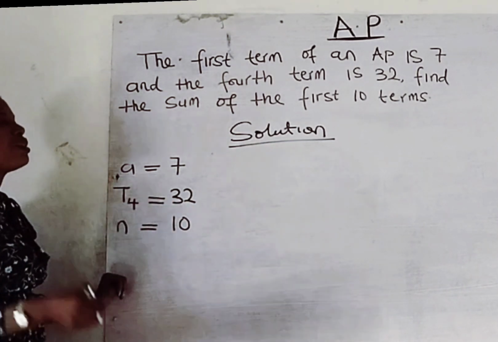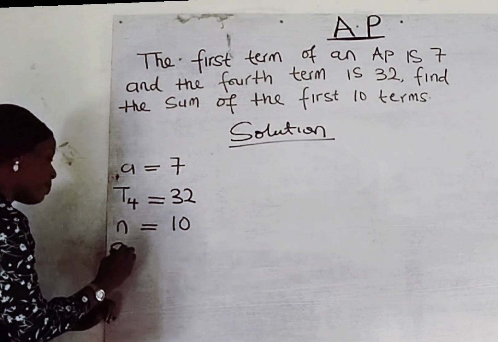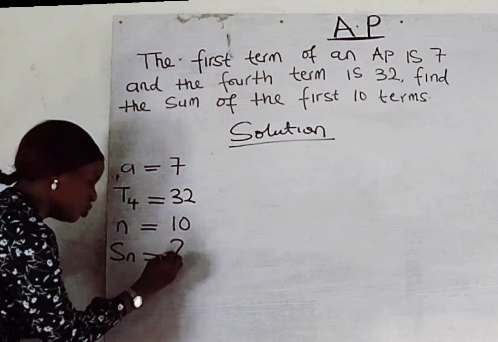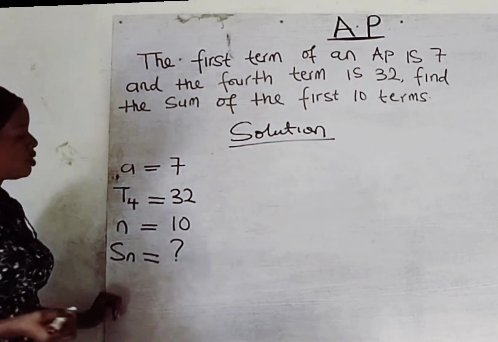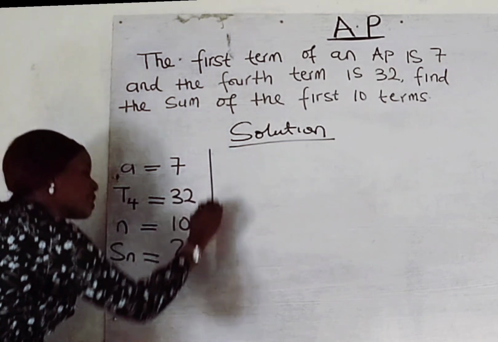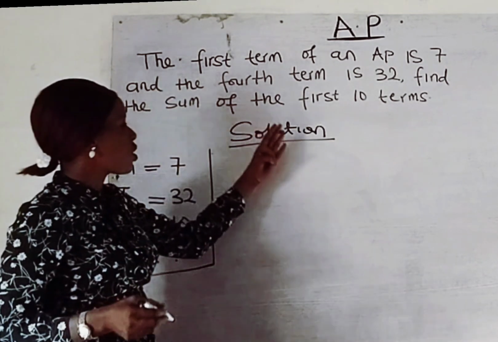And we are looking for the sum of the 10 terms. So Sn, which represents sum, is equal to unknown. You don't know it. That's what we are asked to solve for. Okay? I have written out the data, and now come to solve properly.